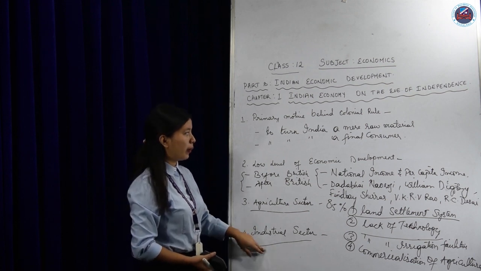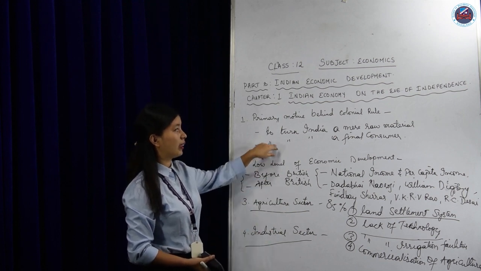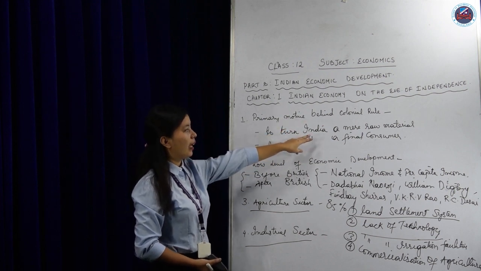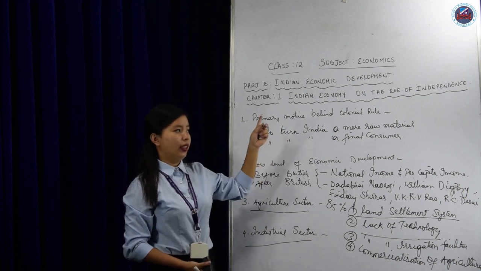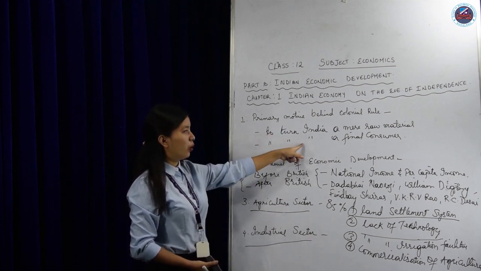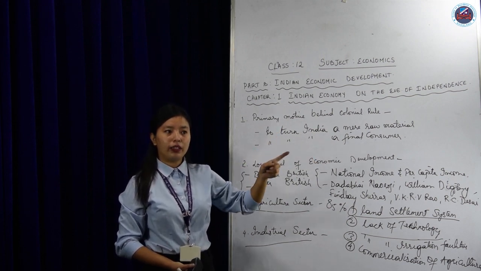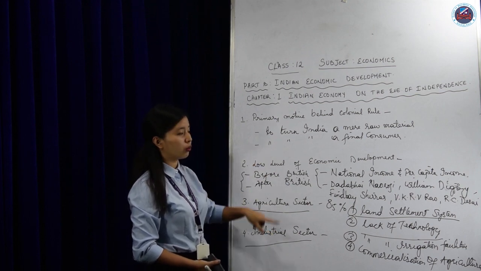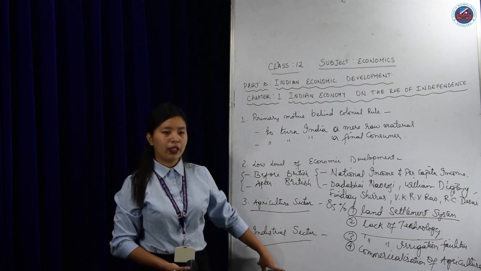The reason, going back to the first point, is that India had become a mere raw material supplier to Great Britain. Second, we focused more on consuming British goods rather than on our traditional handicrafts. So these are ultimately the reasons why our industrial sector did not grow.